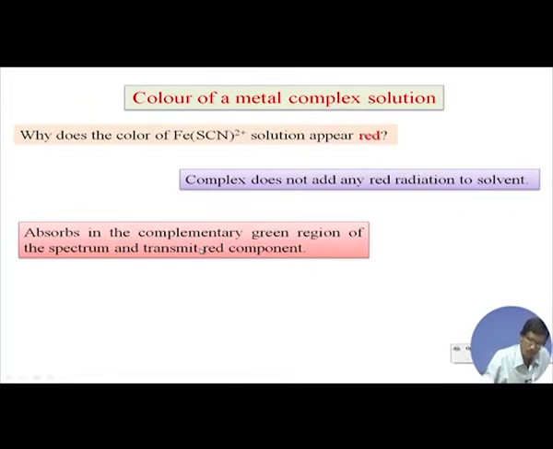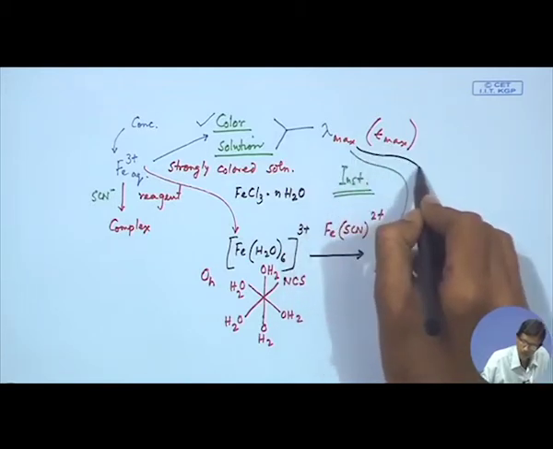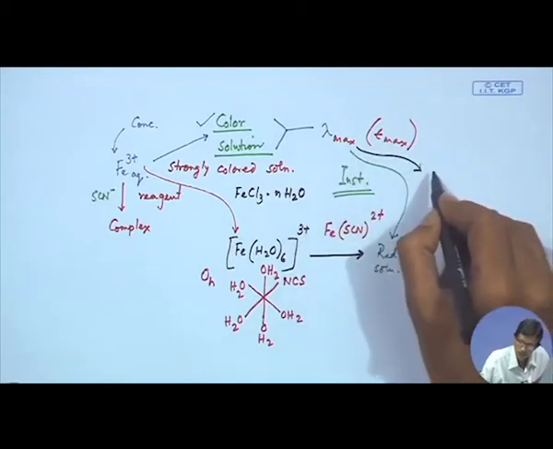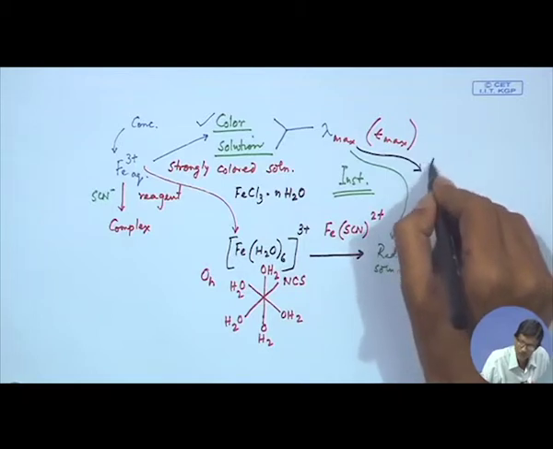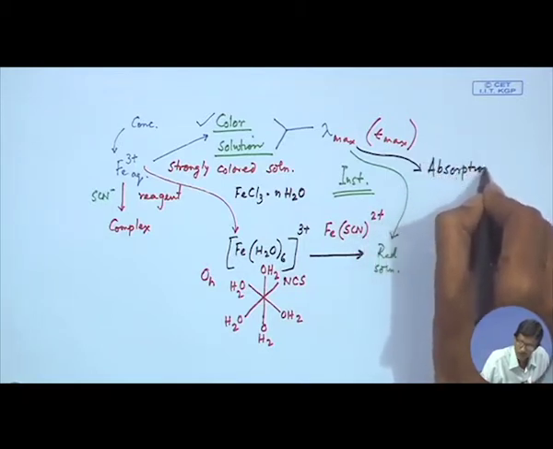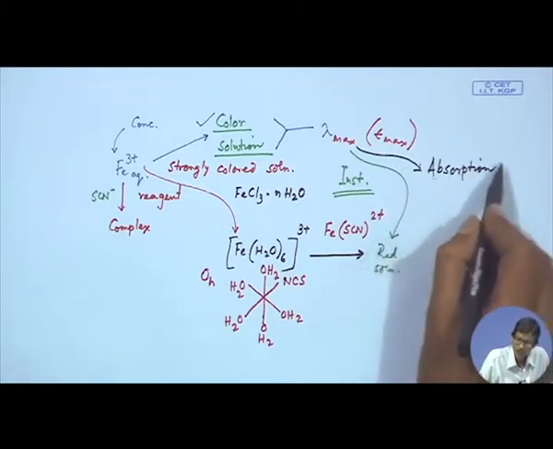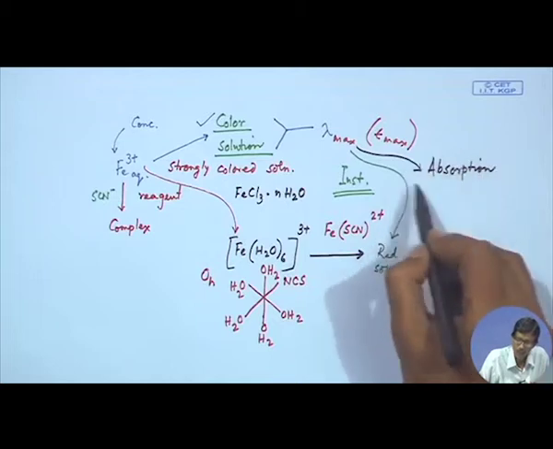Whatever we are talking about in all these cases, this lambda max, we will be talking now in terms of the corresponding radiation absorption, because this is the absorption spectra we will get. So, electronic absorption. What is absorbing?